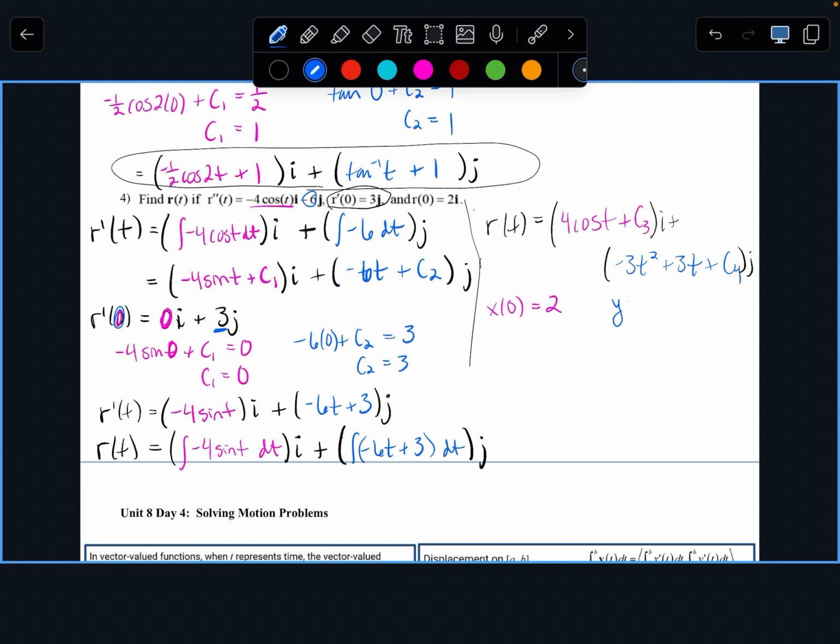And then y of 0 equals 0, because there's no j. And then you're going to use it to solve the c's, the second round of c's.